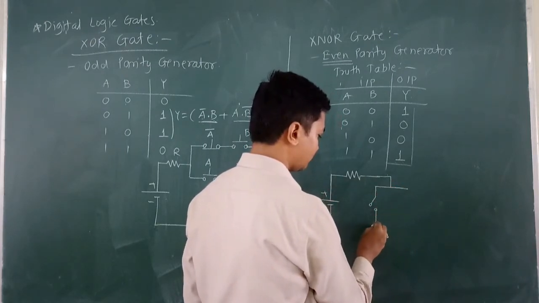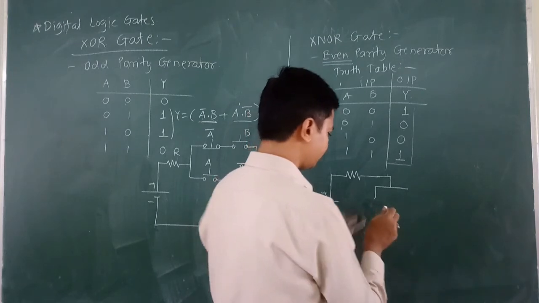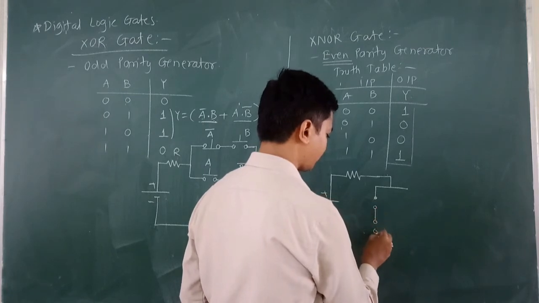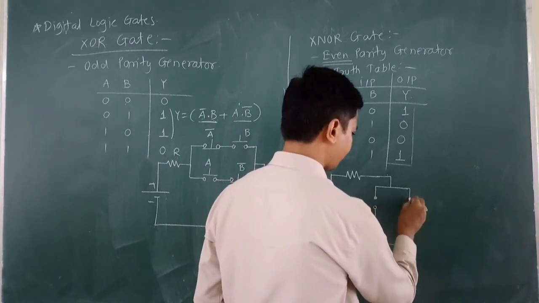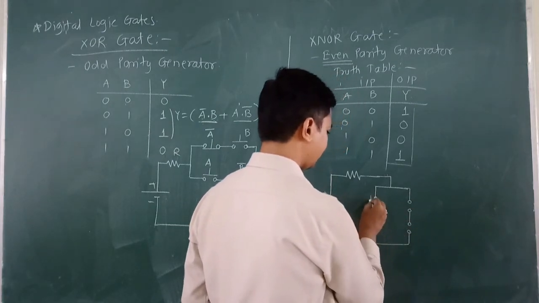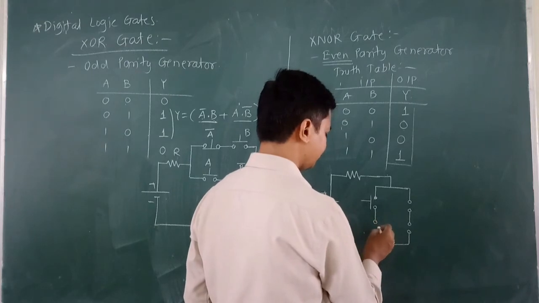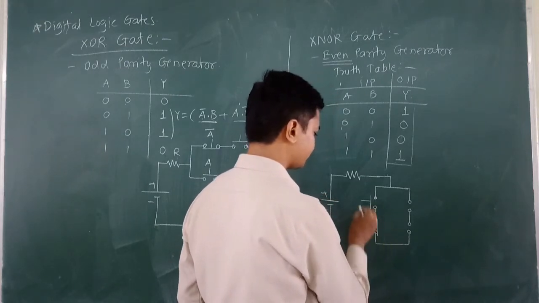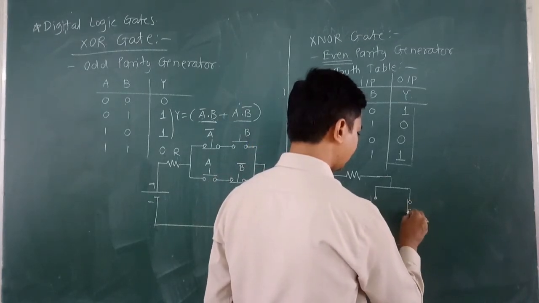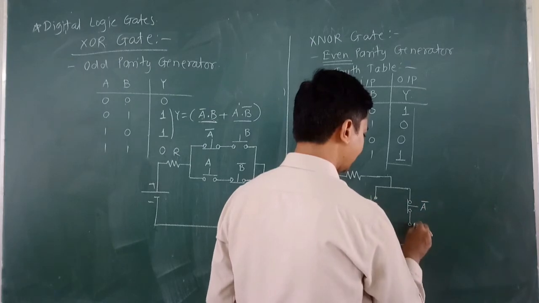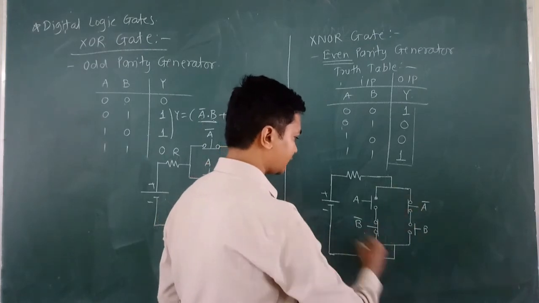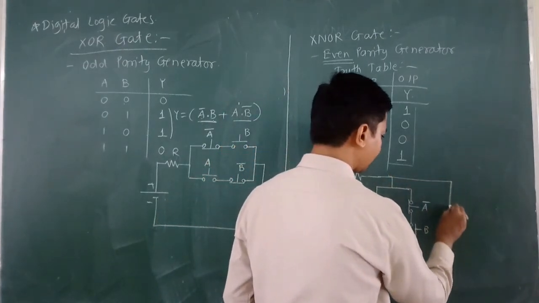So I will simply draw here A, here is our A and here is our B bar. Now here is A bar and here is B, and this switch combination should be placed across the bulb.